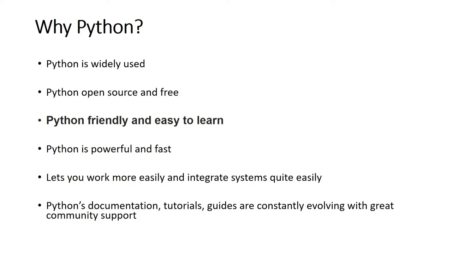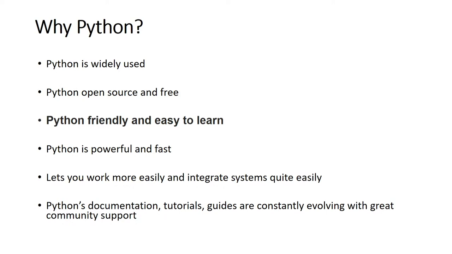The next is Python is powerful and fast. Though Python is an interpreted language, it's quite fast, comparable to Java. It may be a bit slower, but it is at par with Java or C++.